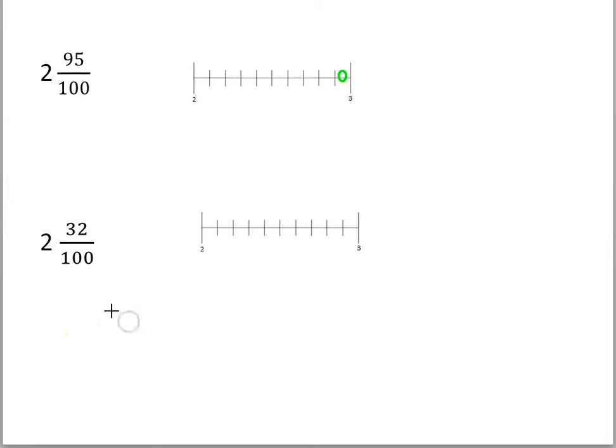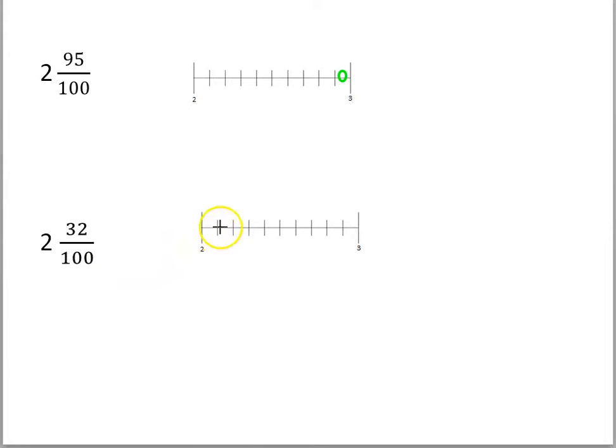This example is not in your problem set, but it's just another one that we can do together. This one I have 2 and 32/100ths. And again, we're estimating because we're not going to break this into hundredths when we know that one of these tenths is the same as having 10/100ths. I want 2 and 32/100ths.